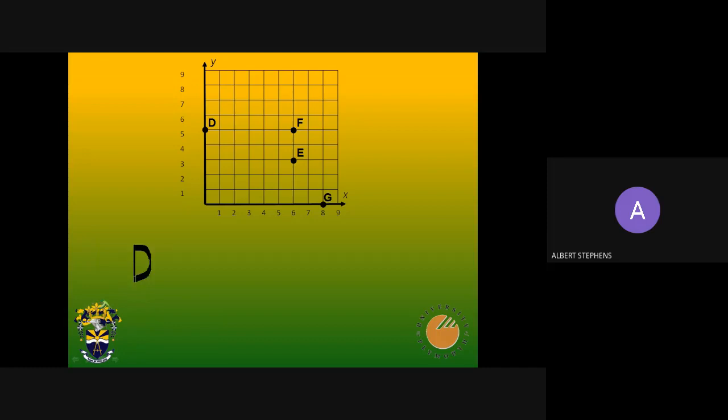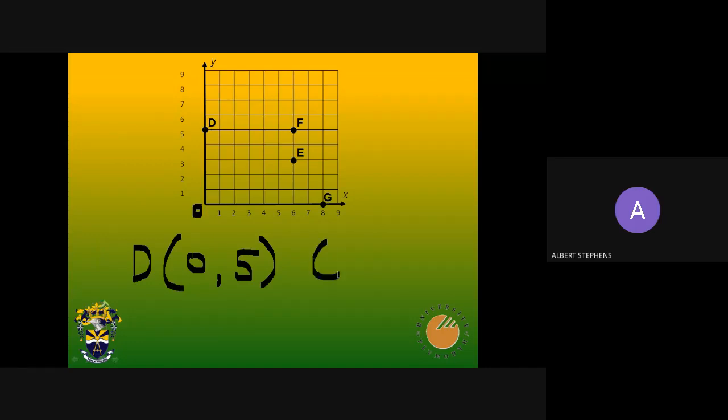Point D, who wants to tell me the coordinates for point D? Point D would be 0 on the x-axis and 5 on the y-axis. It will be 0, 5. Notice D doesn't have an X value, it only has a Y value.